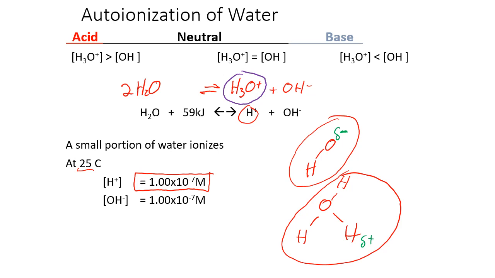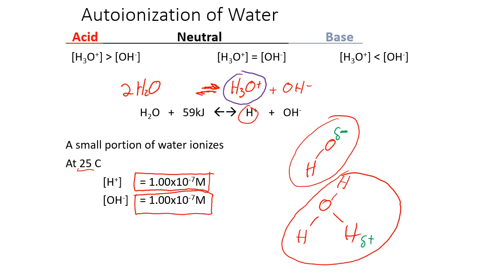And the concentration of hydroxide ions in the water will be the same. So it's an equilibrium reaction where not all of the water is turning into hydronium and hydroxide, and not all of the water is staying as water though. Only a small proportion is turning into hydronium.